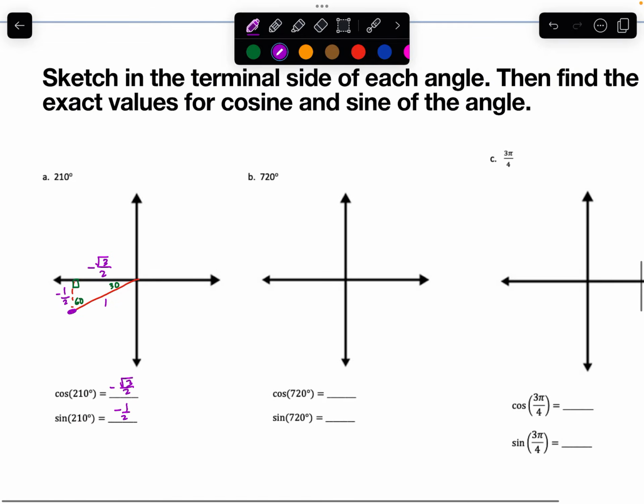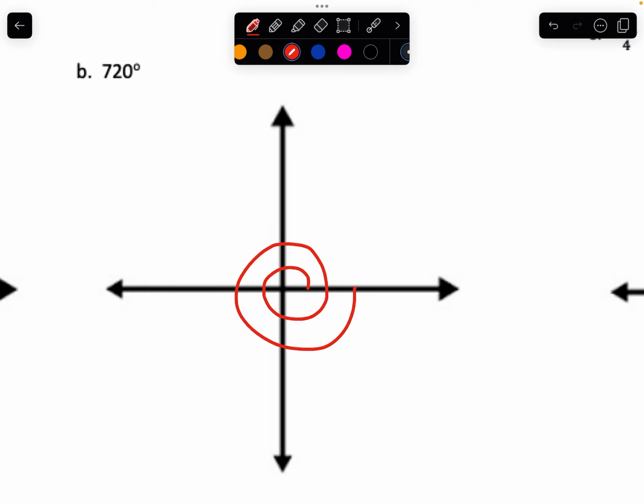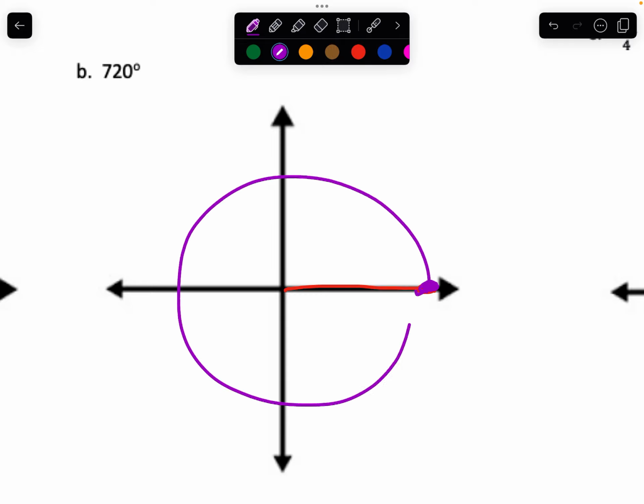Moving on to 720 degrees, we'll sketch that in. If I go around once, that's 360. Going around twice is 720. So the terminal side of this angle falls right on the positive x-axis. We still want the coordinates of this purple point, and draw it such that it falls on the unit circle.